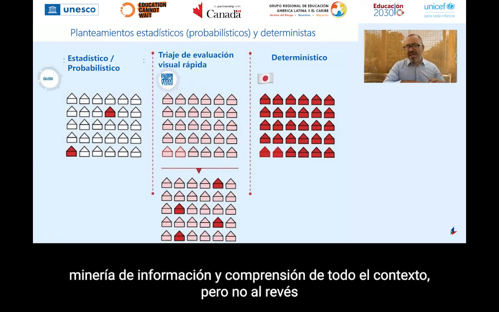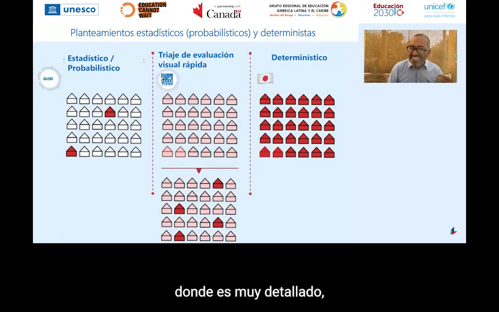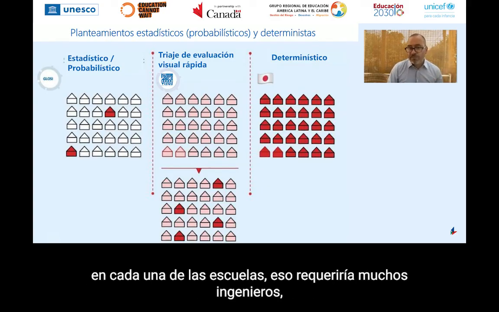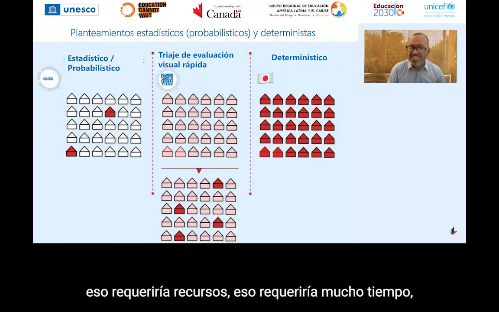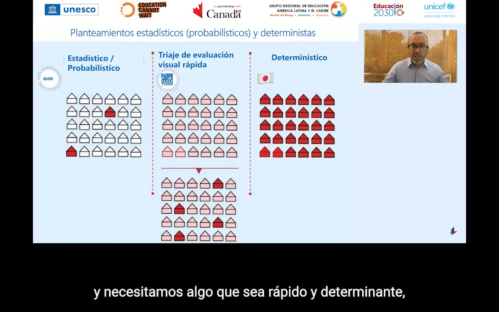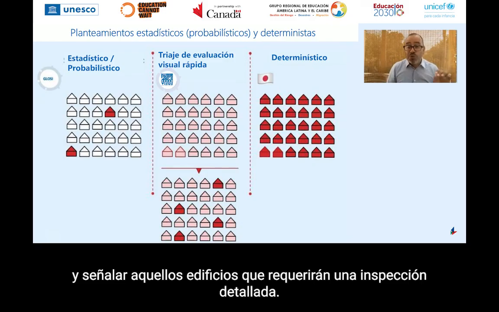It is not the statistical probabilistic data mining and understanding of the whole context, but not on the other side, where you go really very, very detailed in each of the schools, which will require a lot of engineers, a lot of resources, and a lot of time. Instead, it is something rapid that will determine and flag those buildings that will require a detailed inspection.